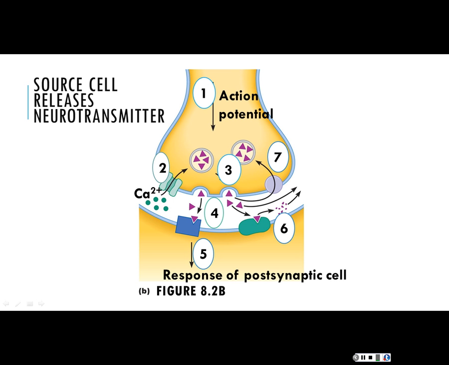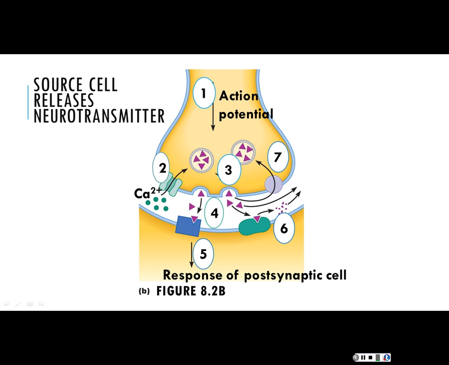They're exocytosed into the synapse, so they can diffuse across and bind with receptors of the target cell, or you could say postsynaptic cell. The effect depends upon the postsynaptic cell's receptor.